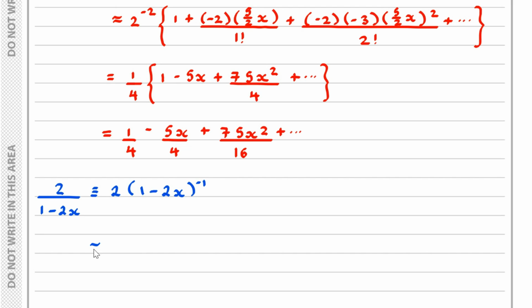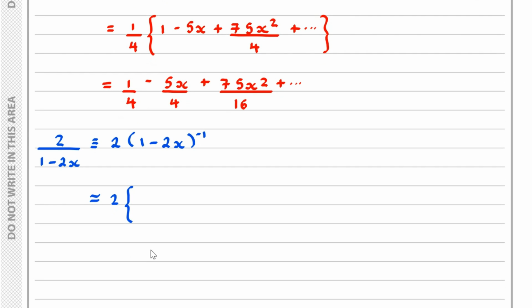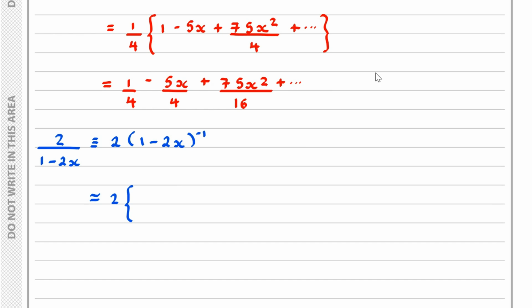So if we expand this out using the binomial, we've got 2 lots of 1 plus minus 1 times minus 2x over 1 factorial.